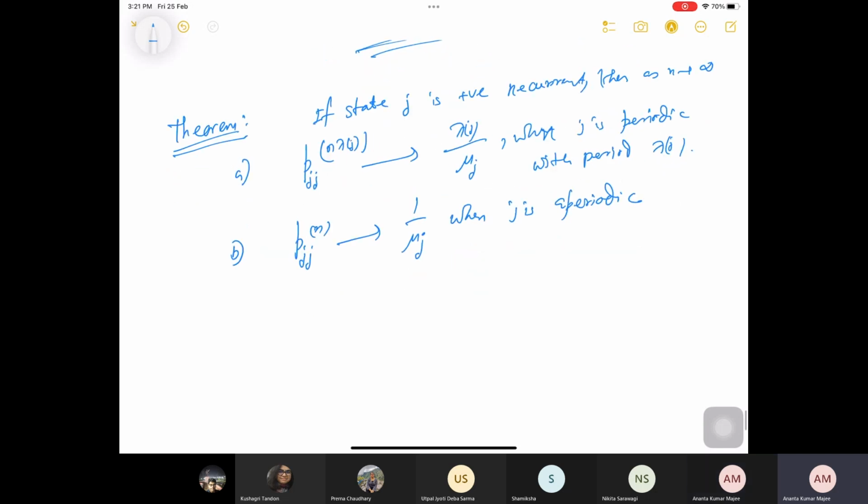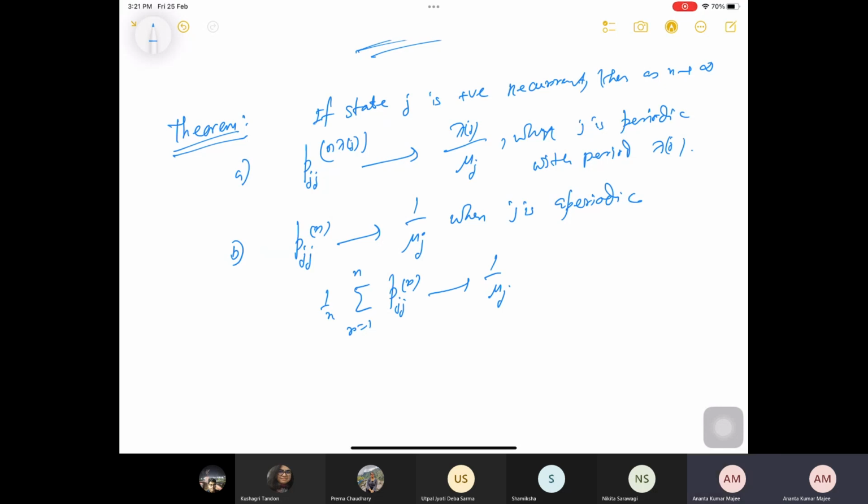Moreover, if this converges, then you know from your calculus course that 1 by n times the summation over r equal to 1 to n of Pjj of r also converges to 1 by mu j. Is it not?